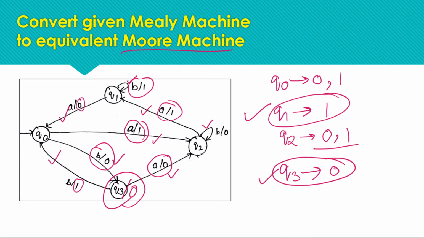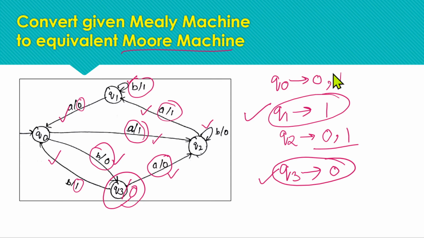But Q0 and Q2 generate two outputs in the Mealy machine, so they will have two corresponding states in the Moore machine, because we cannot generate two outputs from a state in a Moore machine.